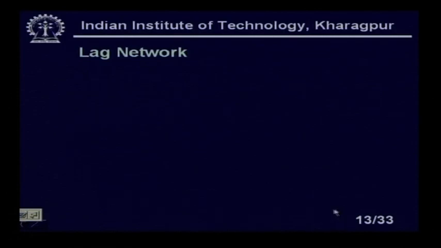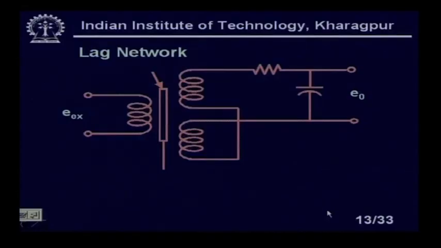As I told you, we need some lead and lag network. The lag network looks like this. It is a circuit for a lagging phase angle, so it will kill the lag and the output voltage will be in phase with the input voltage.